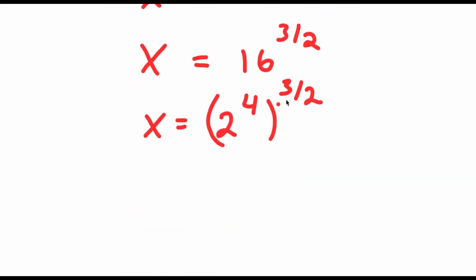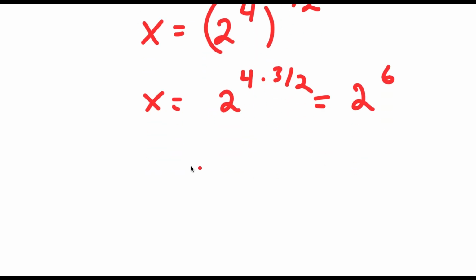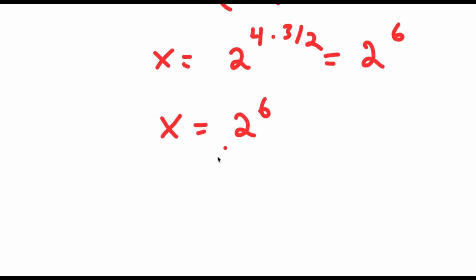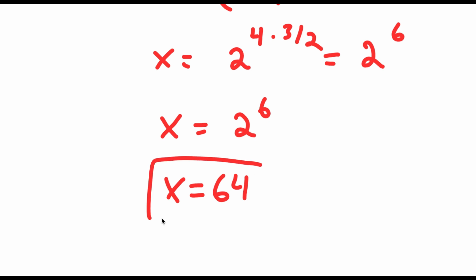So 2 to the power of 4 to the power of 3 over 2 is going to equal 2 to the power of 4 times 3 over 2, which is equal to 4 times 3 is 12, 12 divided by 2 is 6, so 2 to the power of 6. So I have x is equal to 2 to the power of 6, and 2 to the power of 6 is going to equal 64. So I have x is equal to 64.